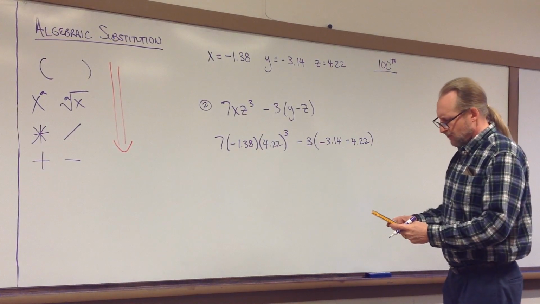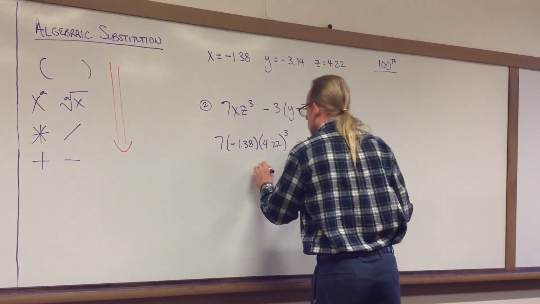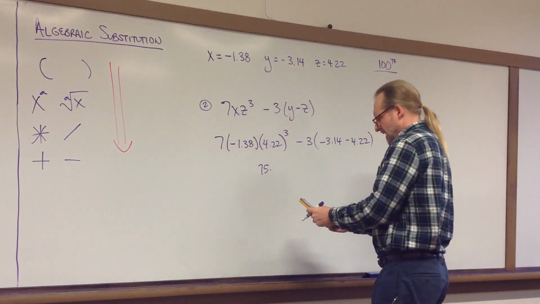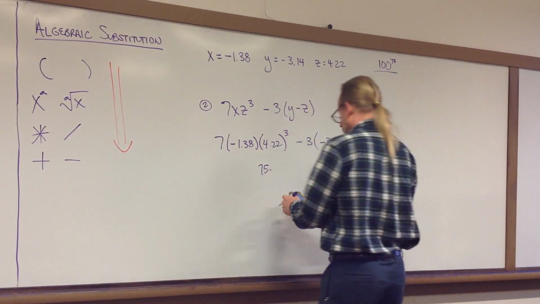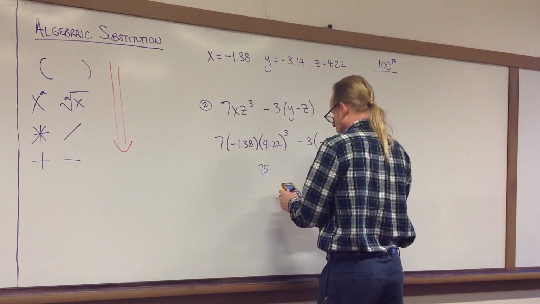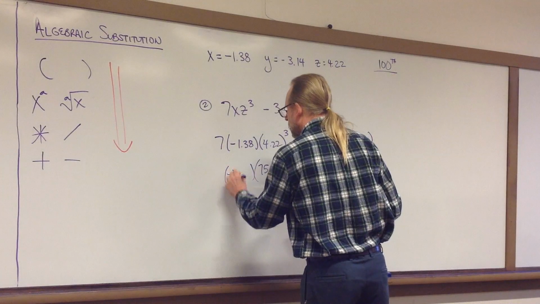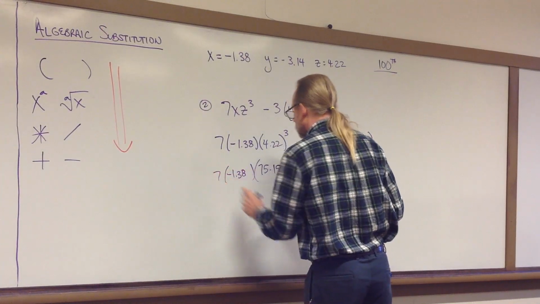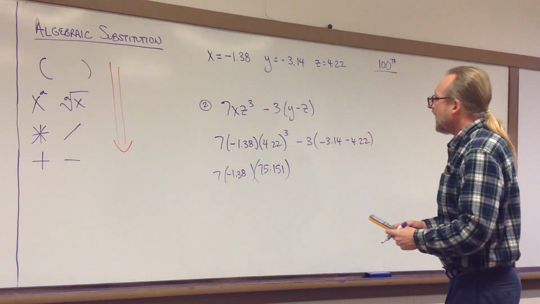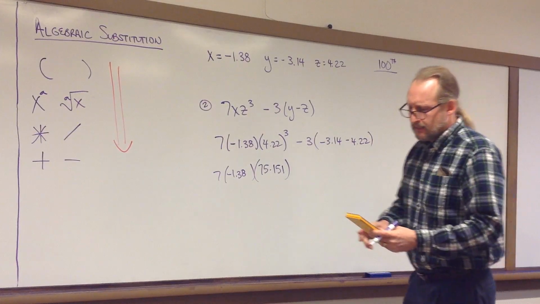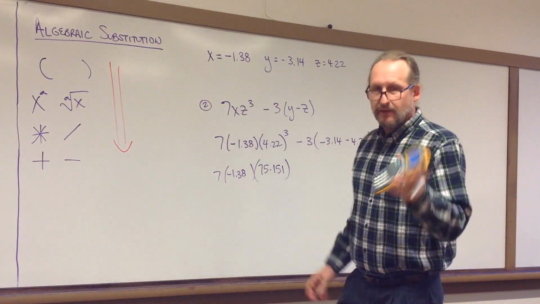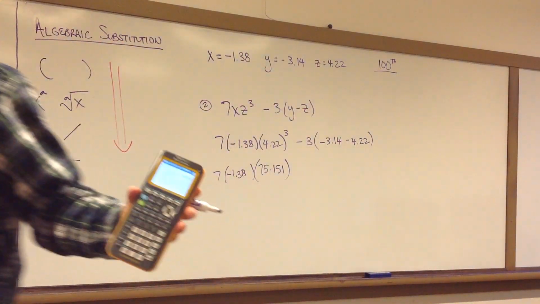So 4.22 to the third power. This is going to be 75.151. And then negative 1.38 times 7. And the other thing is that I've got the full number here. I'll show you on the calculator.